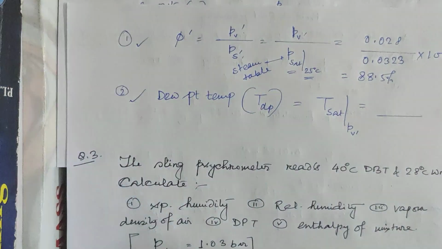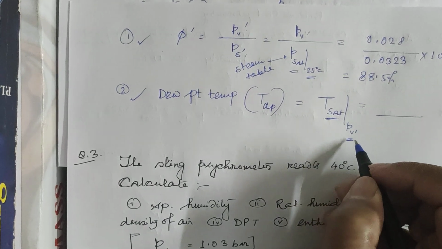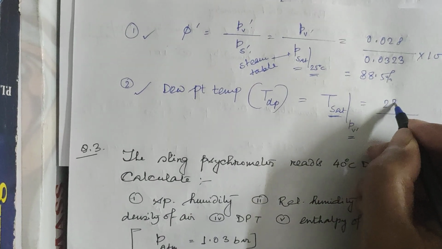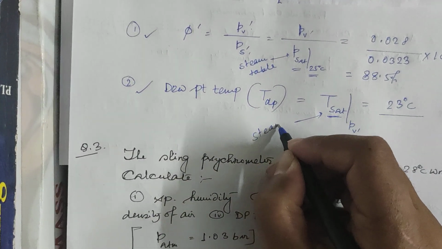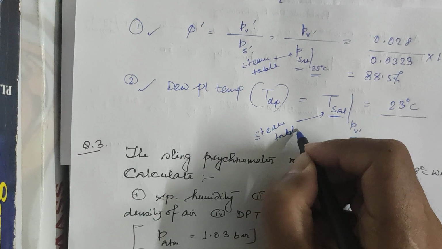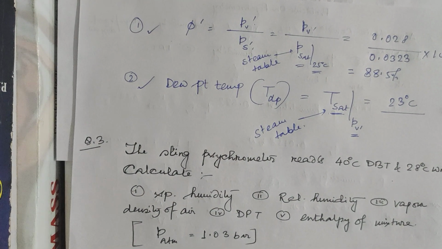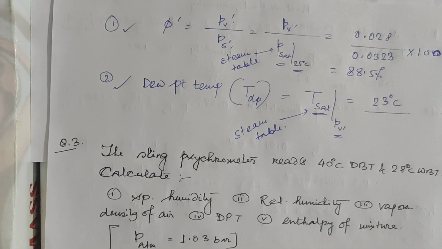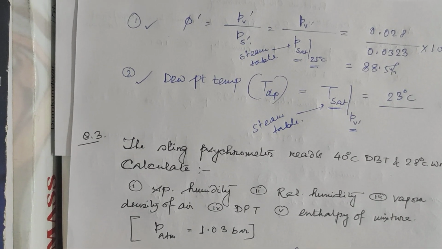At the same time, the dew point temperature is the saturation temperature corresponding to the new partial pressure of water vapor, and that can again be found from the steam table, which is 23 degrees centigrade. This way you can calculate the different property values. Thank you.